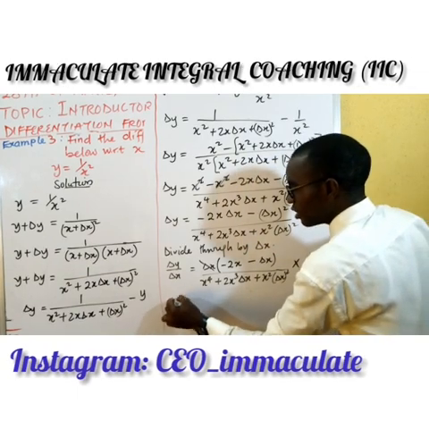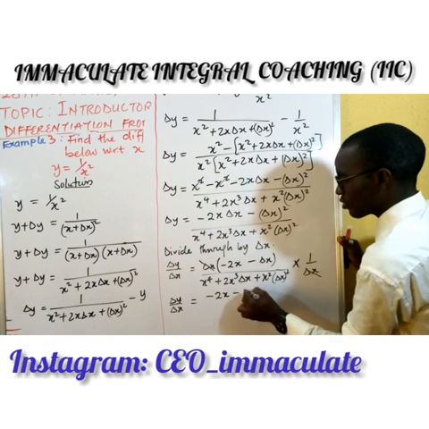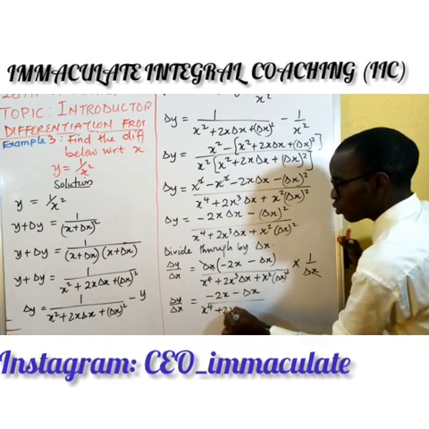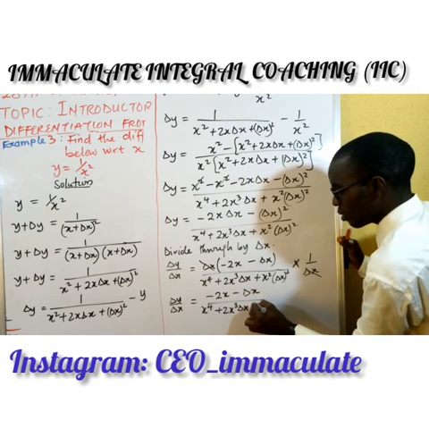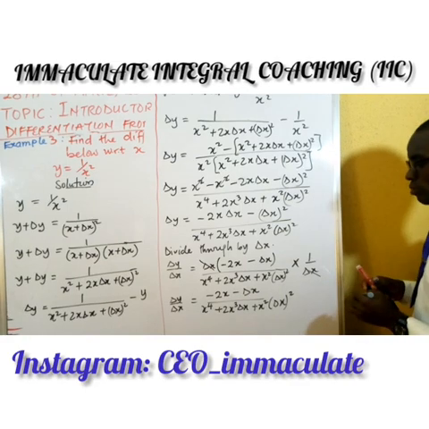So from there, δy over δx equals (minus 2x minus δx) over (x to the power 4 plus 2x cubed δx plus x squared δx squared).